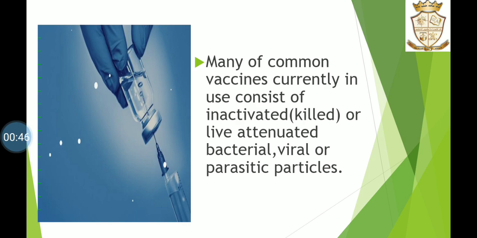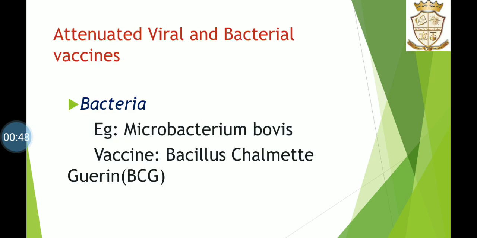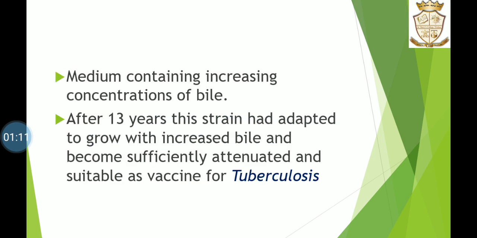So first we can see the attenuated viral and bacterial vaccines. An example of a bacterial vaccine is Bacillus Calmette-Guerin (BCG). It is a bacterial vaccine obtained from the bacterium Mycobacterium bovis, grown in a medium containing increasing concentrations of bile.